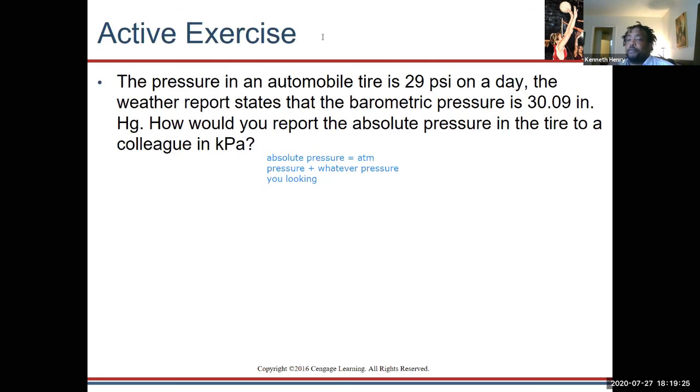Okay, don't you all yell at me at once. Should we just start with what we're given first? So what are we given? Should we take the 29 psi? Okay.